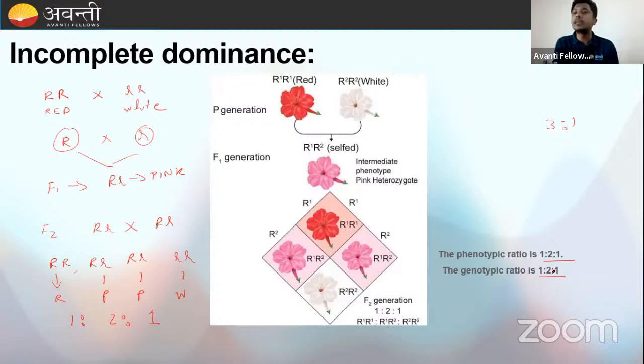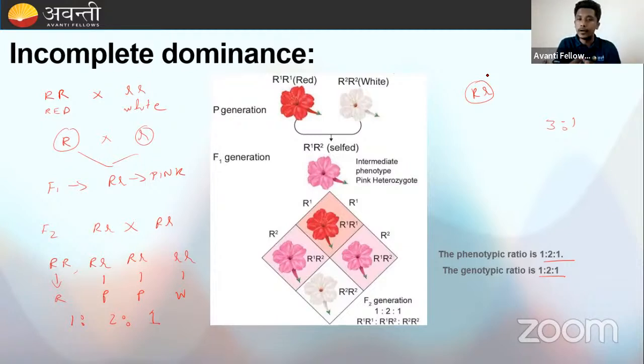So what happened in incomplete dominance? Whenever two alleles of different nature, or heterozygous alleles, were present, that is capital R and small r, whenever alleles are in heterozygous condition, neither of the alleles is completely dominant over the other. So that is called incomplete dominance.